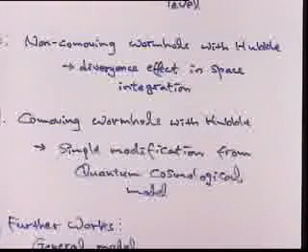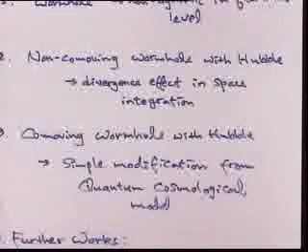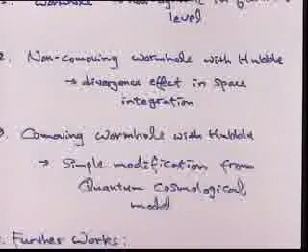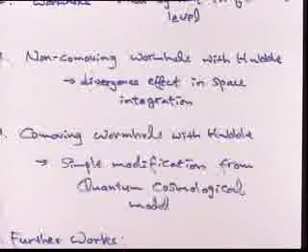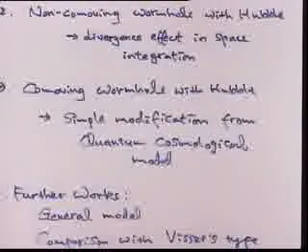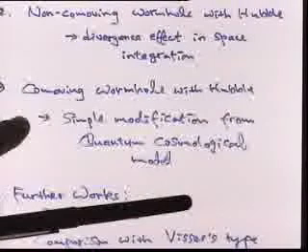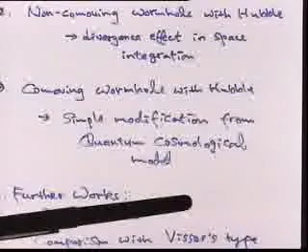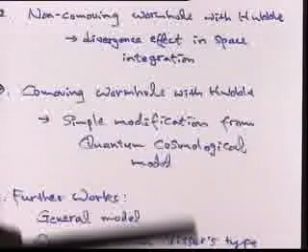And next, we tried some non-comoving wormhole with the Hubble flow. But in this case, we experienced the divergence effect during the spatial integration. And the third trial is a comoving wormhole with the Hubble flow. So the result is just a simple modification of the quantum cosmological model. It is relevant.